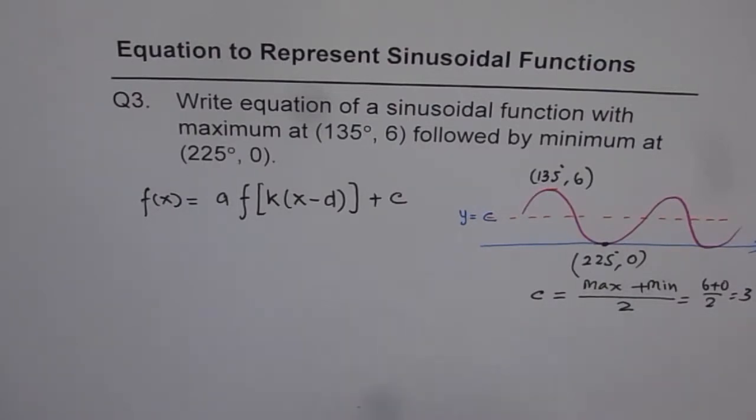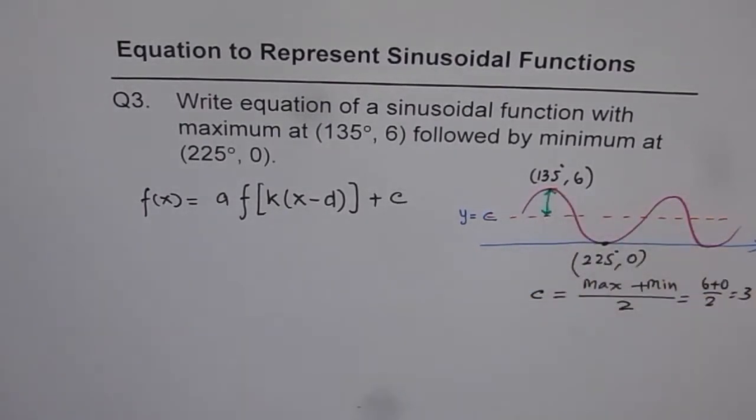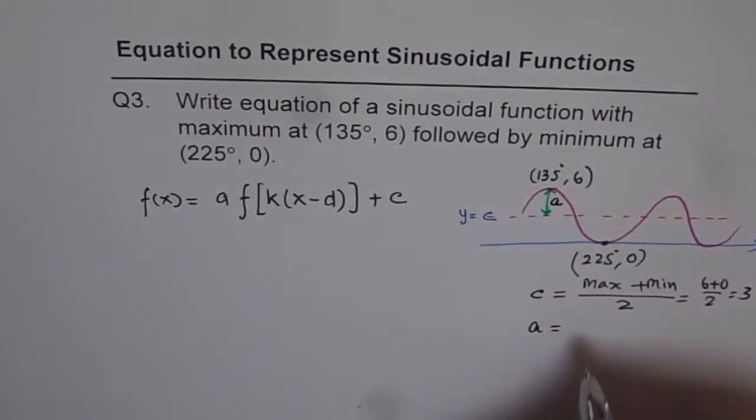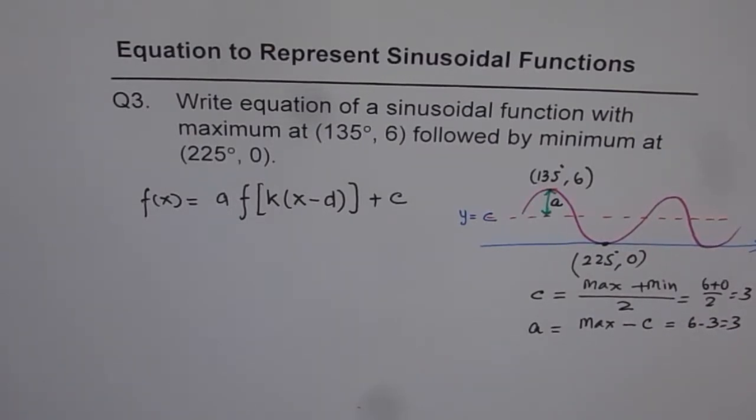The amplitude is the difference between the maximum and the axis. So a equals maximum minus c. The maximum is 6, c is 3, and so we get a value of 3. So we know a also.